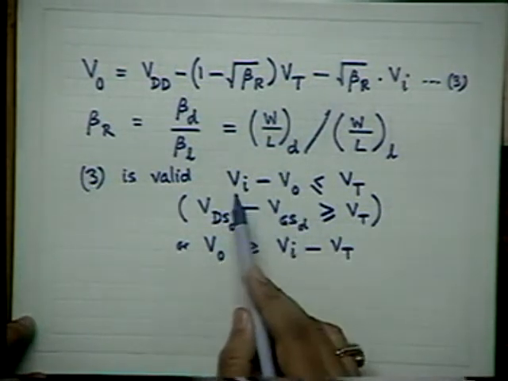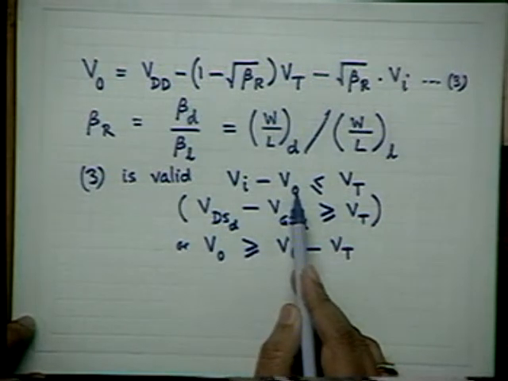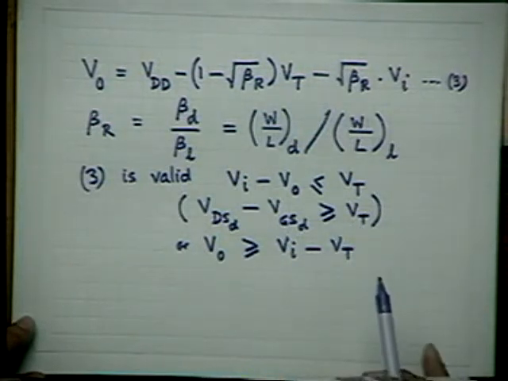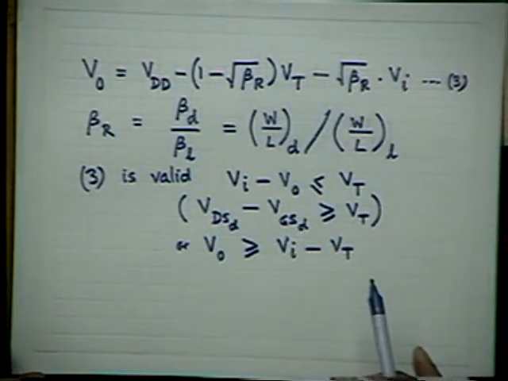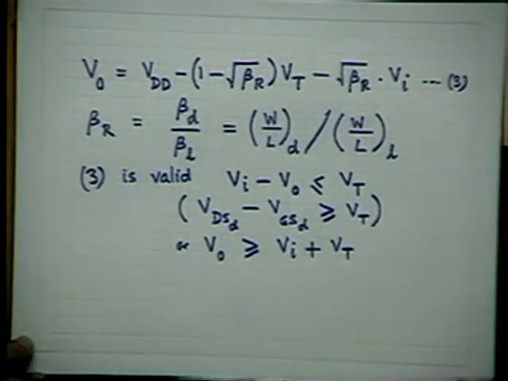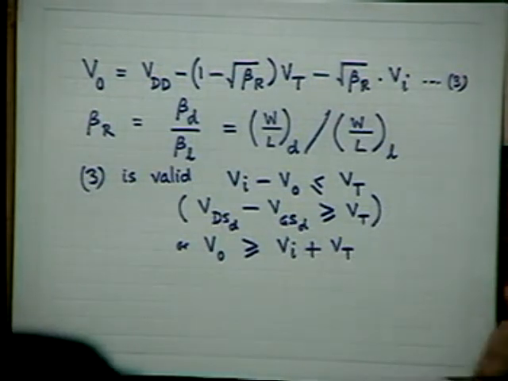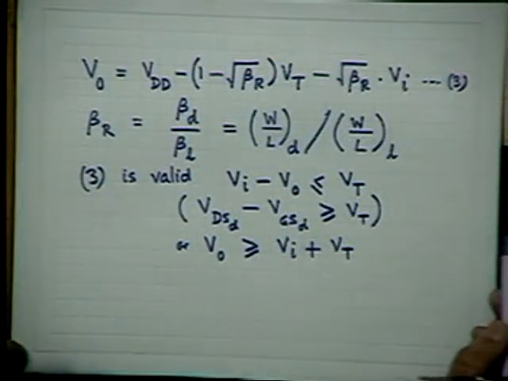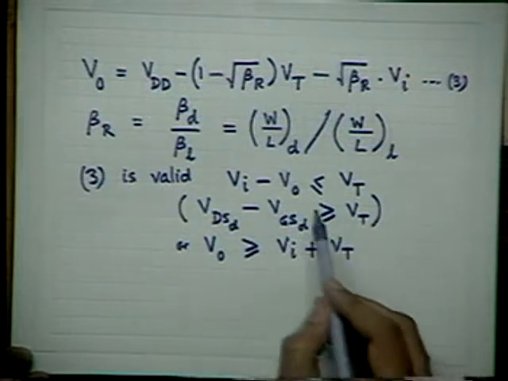We are writing that VDS minus VGS is greater than or equal to VT. Then VO should be greater than VI minus VT, because VGS is VI. Yeah, so let us correct it like this: VI minus VT.